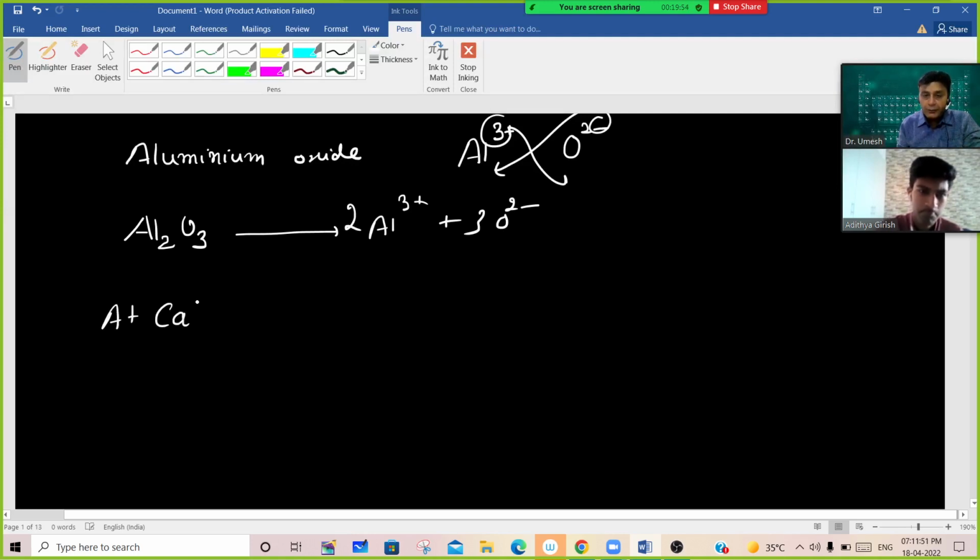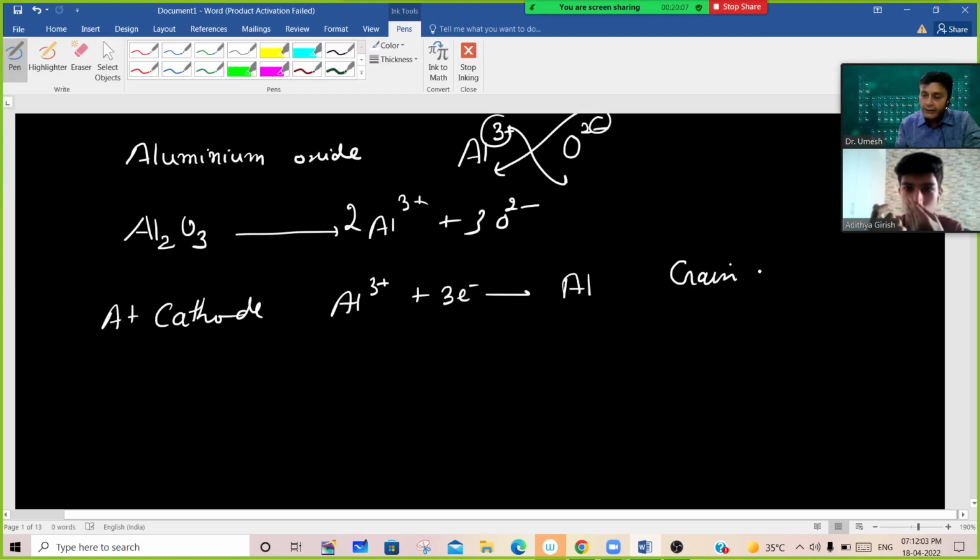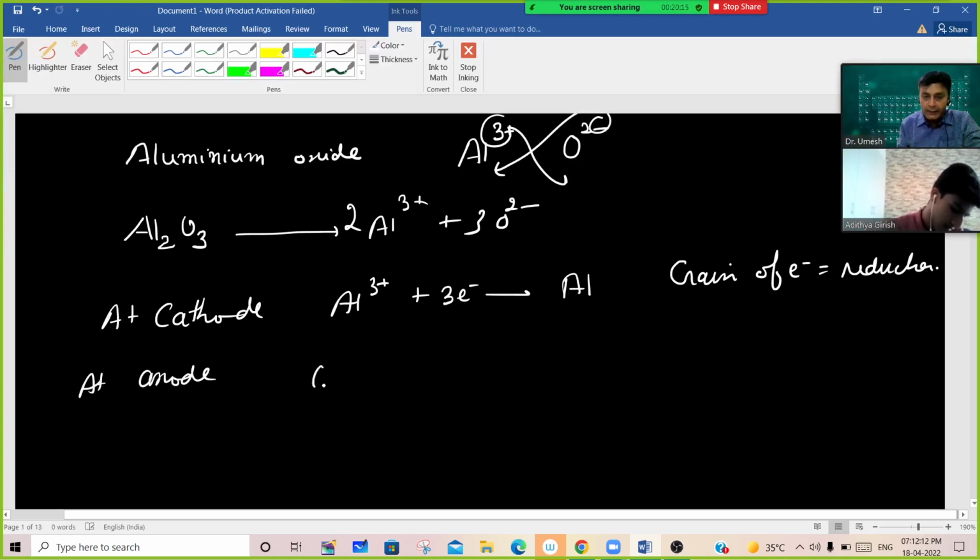So at the cathode, these aluminium ions will gain electrons, undergo reduction, and form aluminium. Gain of electron is called reduction. Write down here, gain of electron is called reduction. At the anode, these will lose electrons, and two such oxygen atoms will combine to give O2 gas.